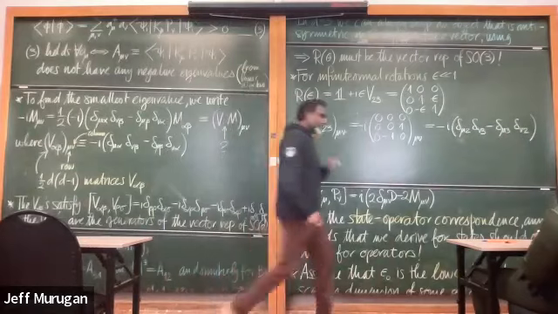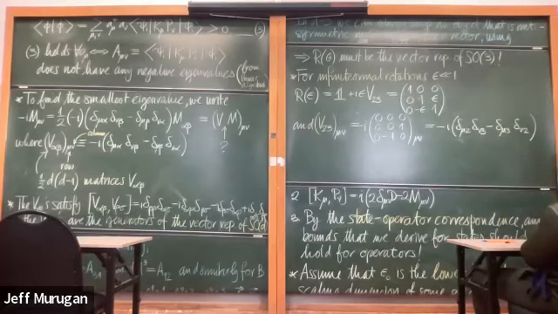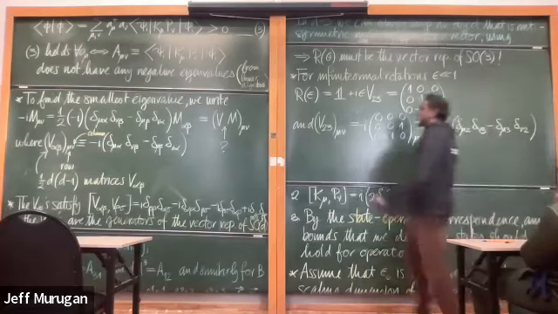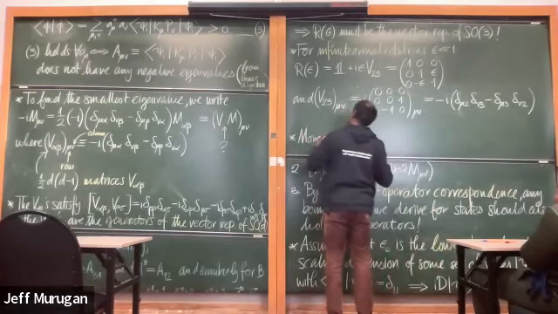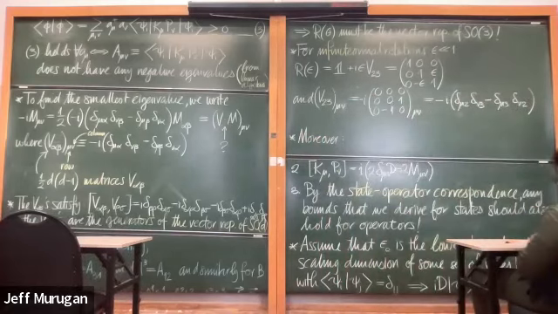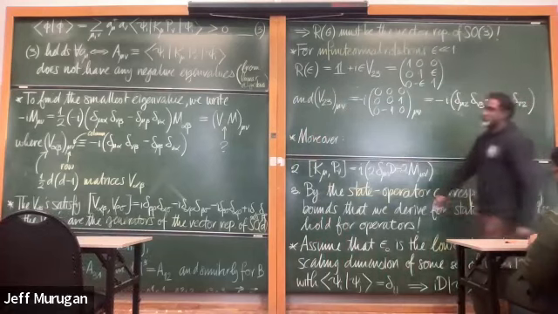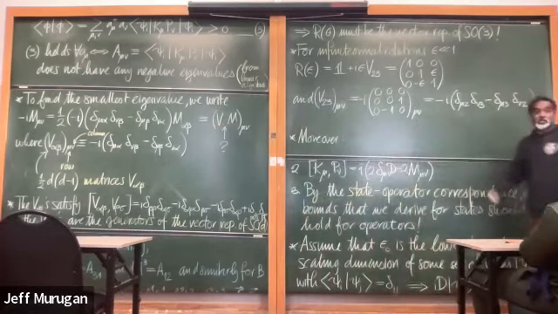Here's the reason. If I use this intuitive idea of writing down this expression here for M mu as this dot product, then I can use the properties of dot products.